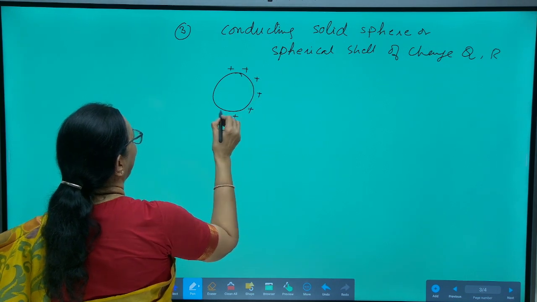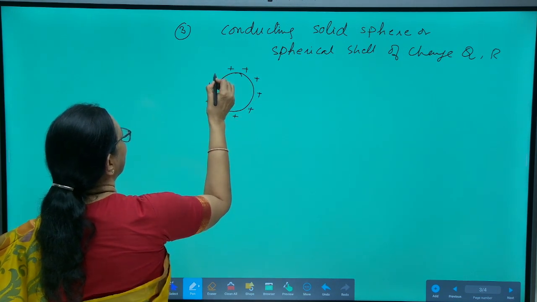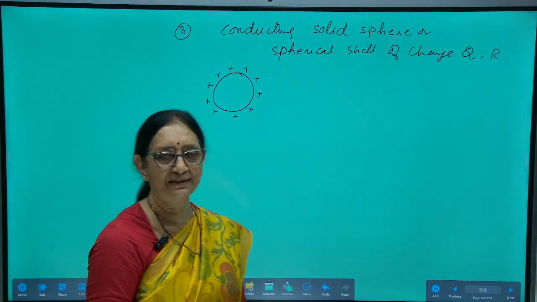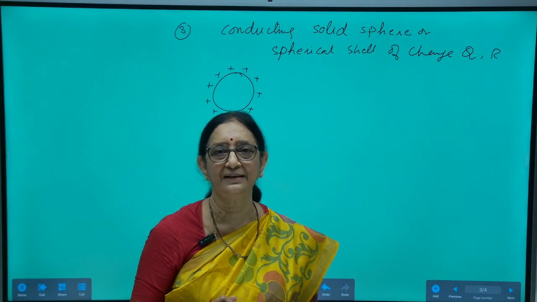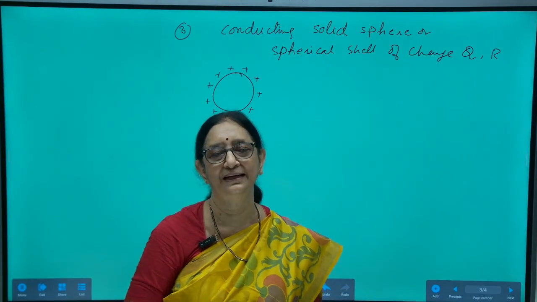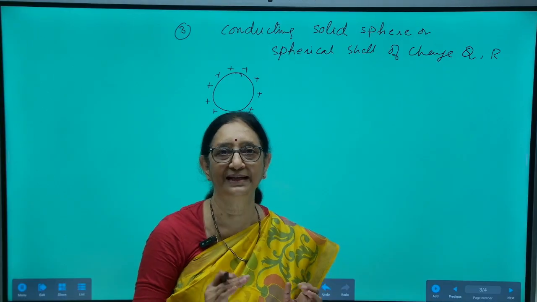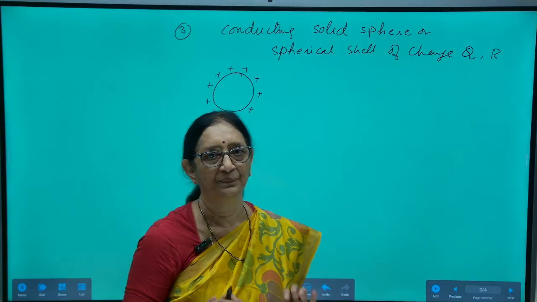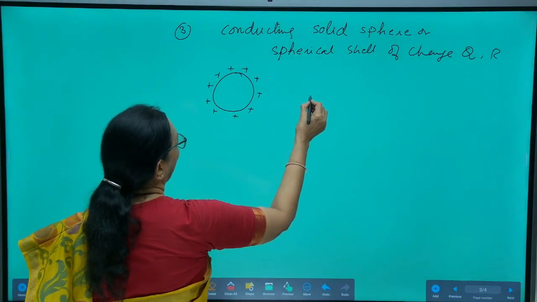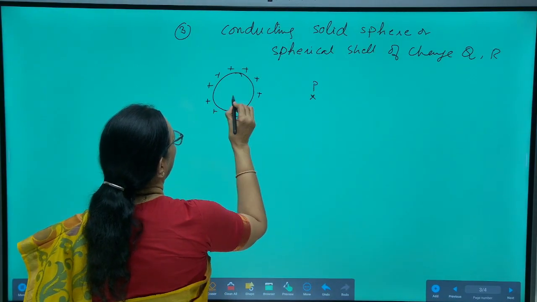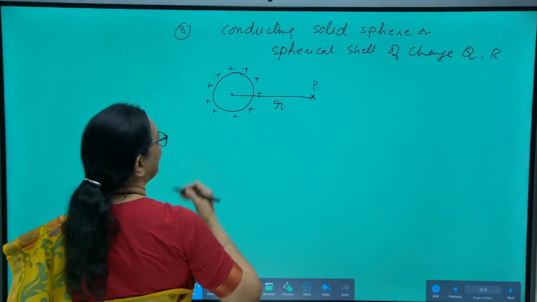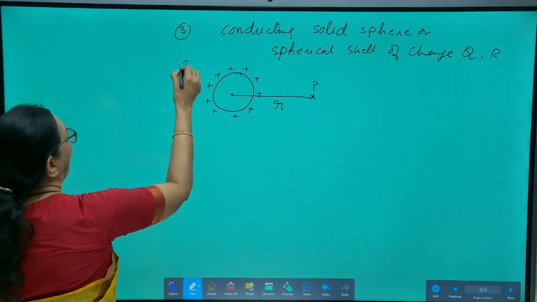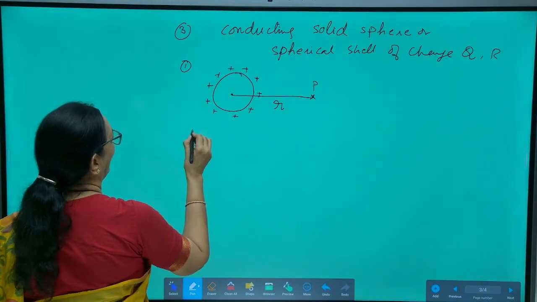So, this is a sphere given a charge Q. In case of a conducting sphere, the charge resides on the surface of the sphere, because inside the conductor electric lines do not exist, hence the electric field intensity inside that sphere is 0. Now, let us consider any point P outside the sphere at a distance r from the center. So, P is the outside point.